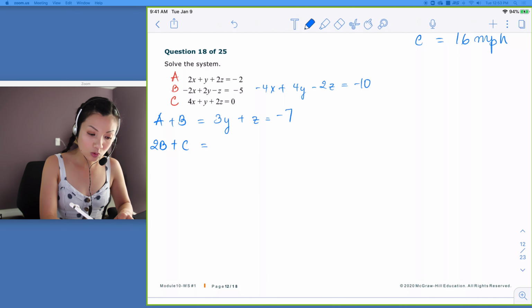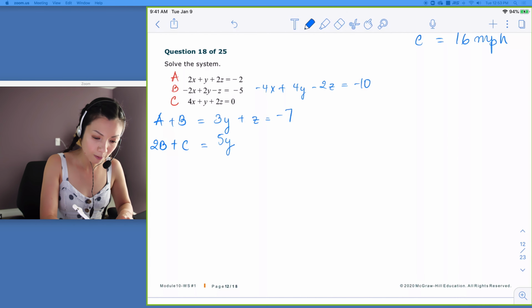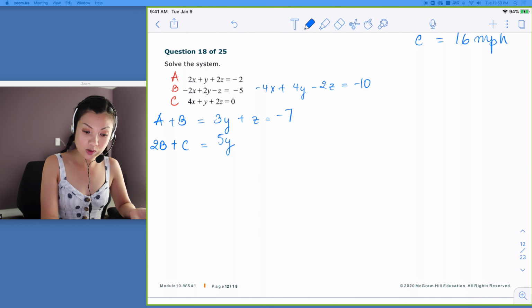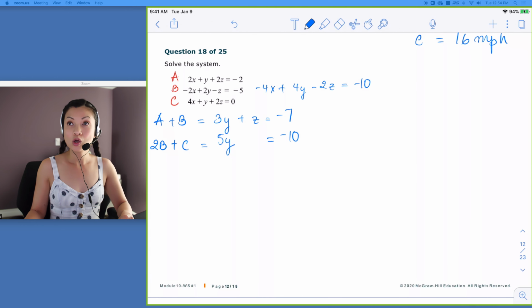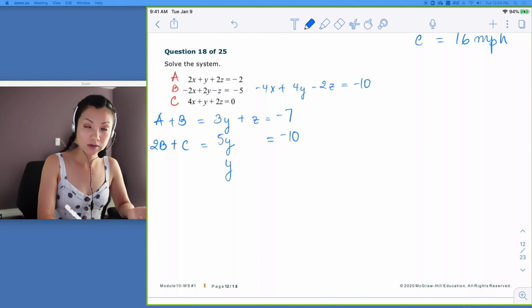And then I add it with C, and x cancels out, 4y plus y is going to be 5y, and somehow z cancels out as well, equals negative 10. So this is actually a very easy problem because from here you can just solve for y. So y is negative 2.